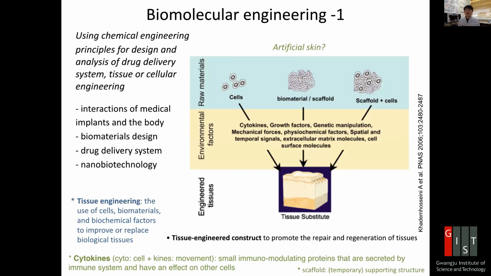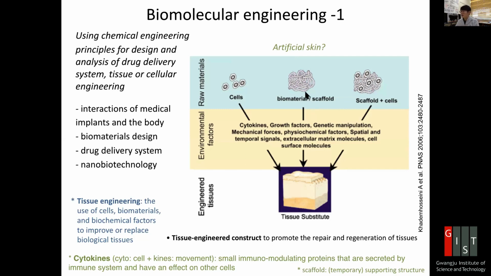How to create artificial skin if a patient has a burn injury and some part of the tissue or skin has to be replaced or regenerated? Then for the time being, we can create artificial skin, which can protect the skin from infection and help regeneration and wound healing.